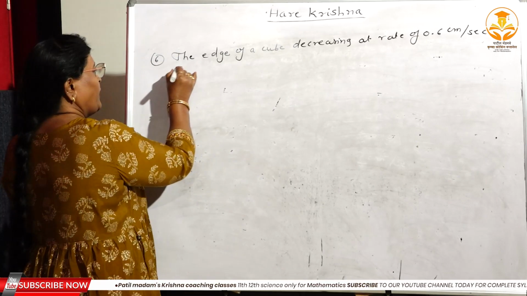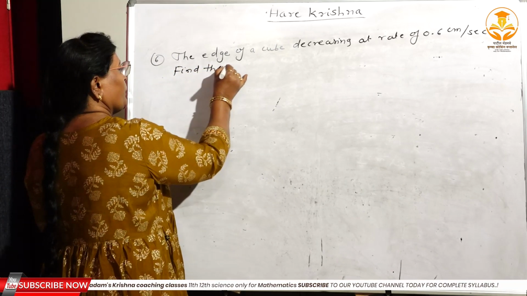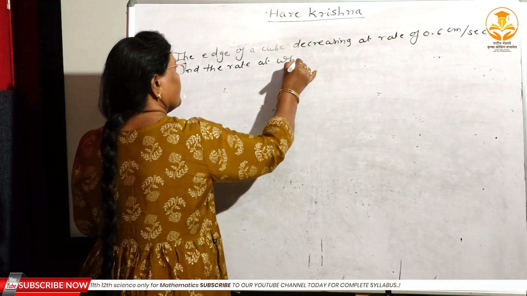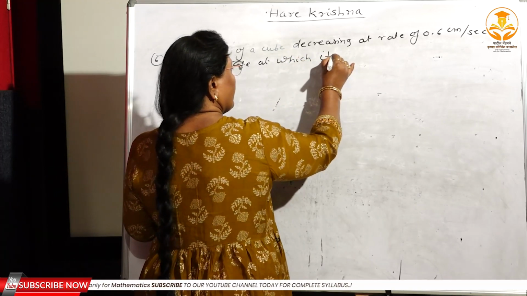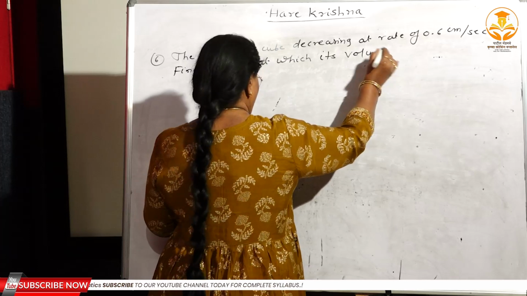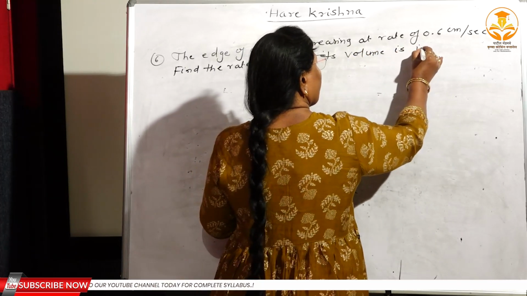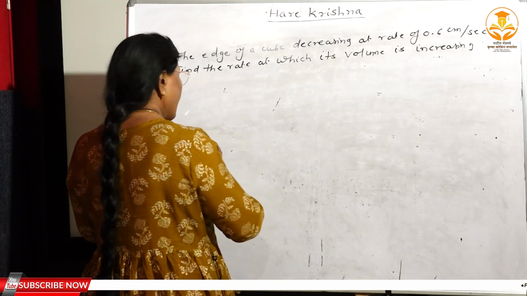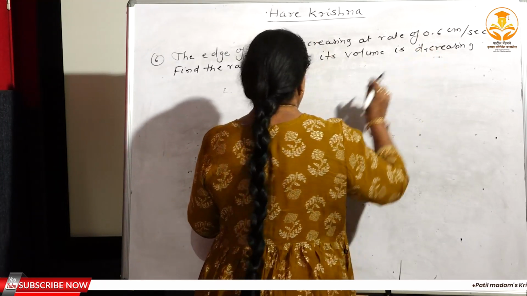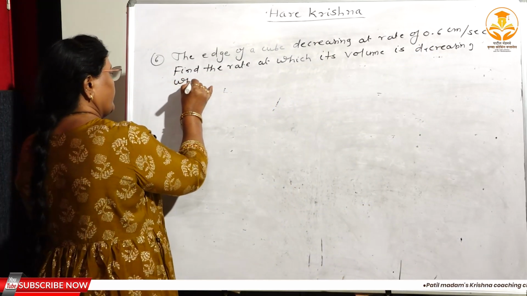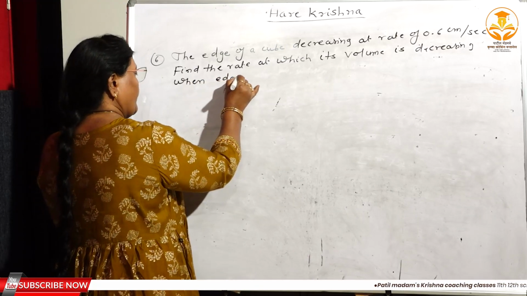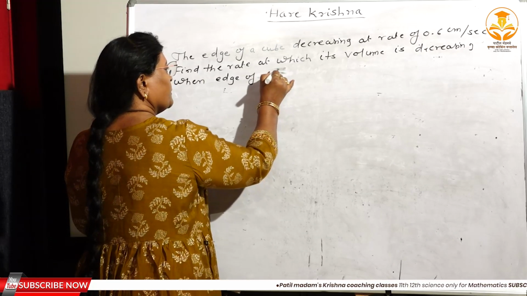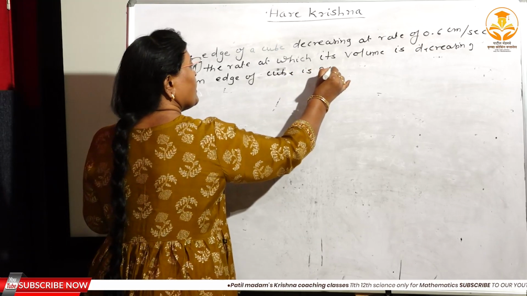Find the rate at which its volume is decreasing, when the edge of the cube is 2 centimeter.